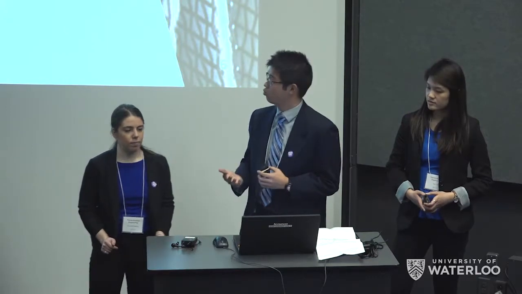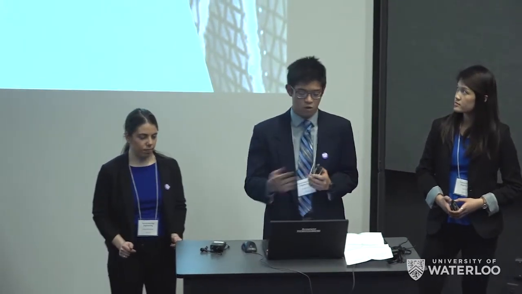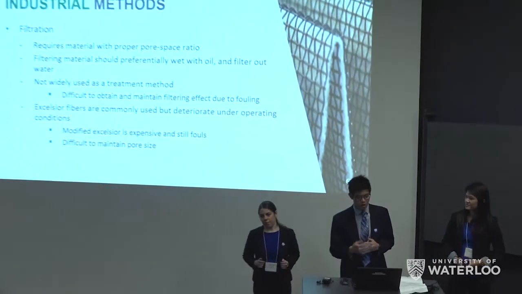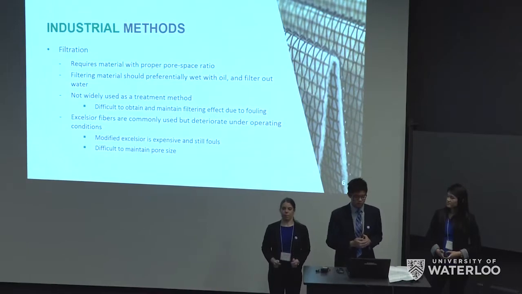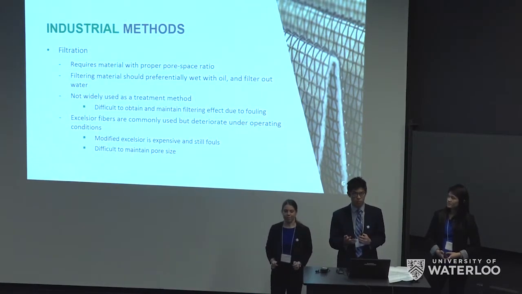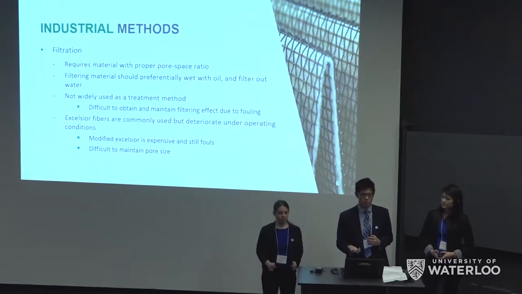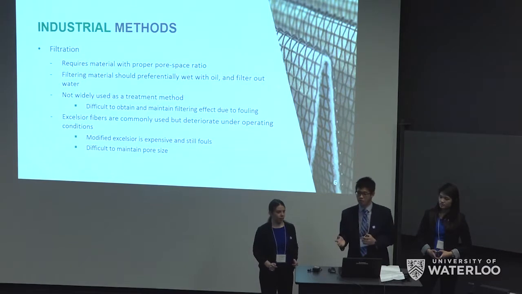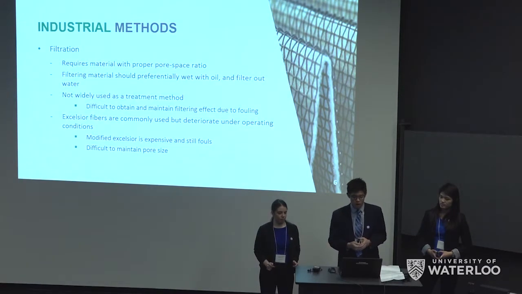The technique that we are actually trying to improve upon is the filtration technique for demulsification of crude oil and water emulsions. A filter is a material with a pore space ratio, and preferentially, in our case, it should allow the oil to pass through and block the water from passing through the filter itself.